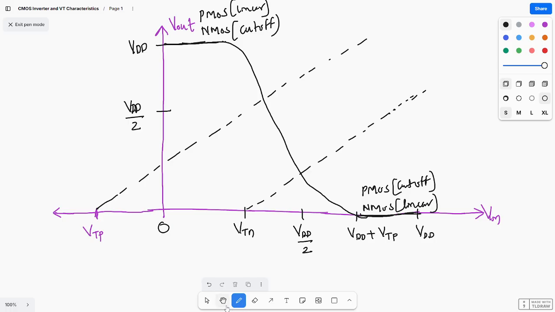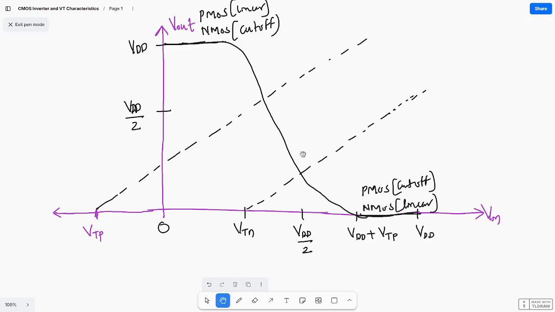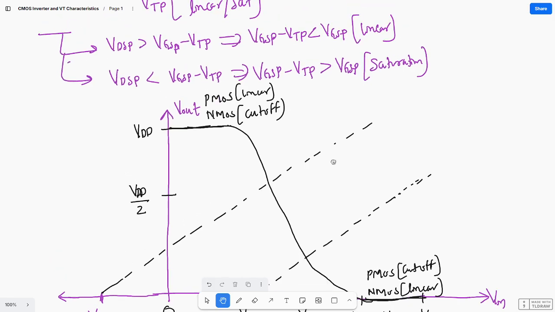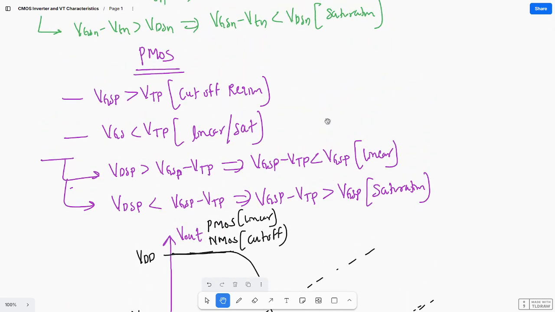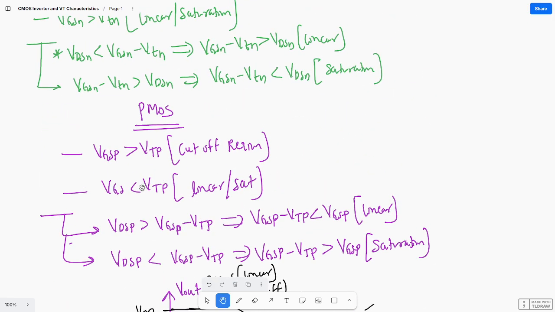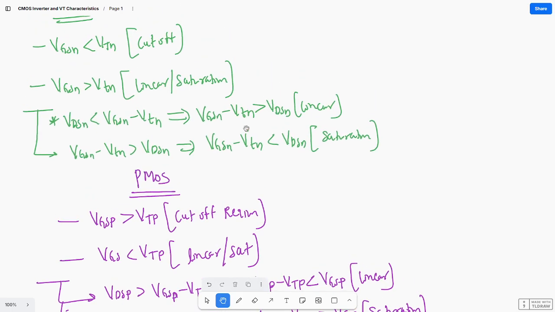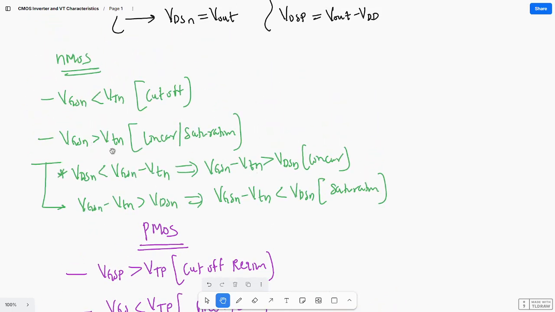From these conditions, VTN and VTP decide whether the given region is linear region or saturation region. We already saw, no? When VGS is greater than VTN, then it is operating in linear or saturation region for NMOS.